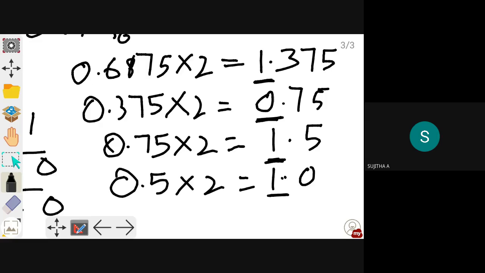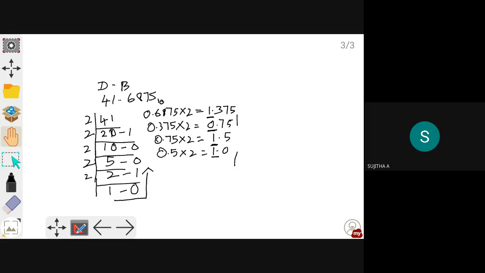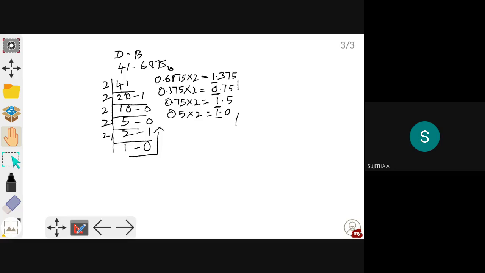So after completing this, you have to write the result as a binary number. The integer 41 you have already divided and obtained the remainders.